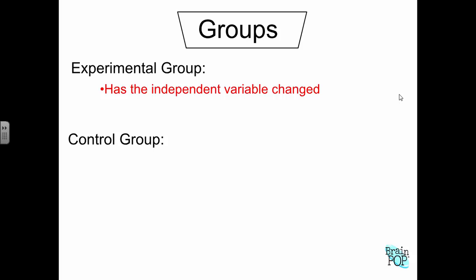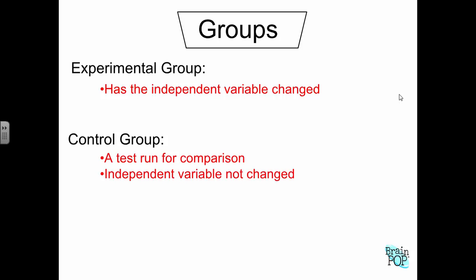You're treating it in some way. Versus the control group is kind of just like a test run. It's the group you keep under normal conditions. You don't change anything about it. It's treated normally.